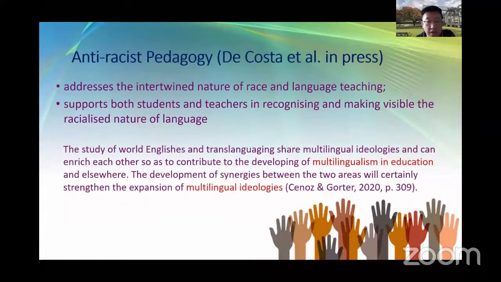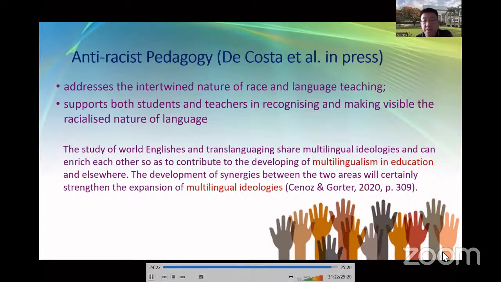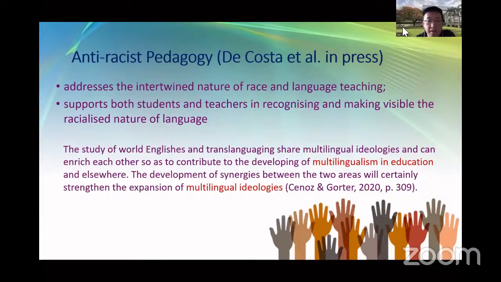So the study of world Englishes, global Englishes, and translanguaging share multilingual ideologies and can enrich each other so as to contribute to the development of multilingualism in education elsewhere. So the development of synergies between the two areas will certainly strengthen the expansion of multilingual ideologies.